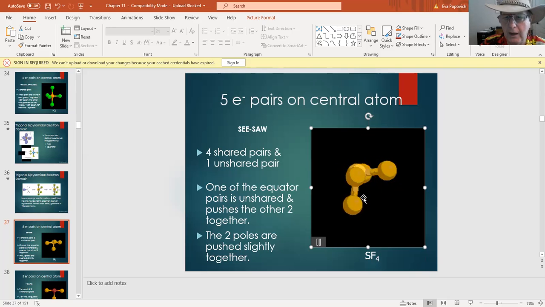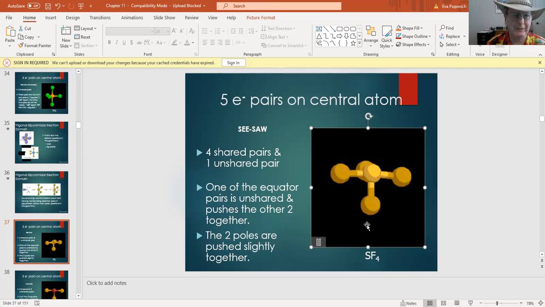And if you kind of see this, you can almost see a fulcrum between these three. Okay, the bottom one and the one that's coming around. You can almost see a fulcrum, and it kind of goes seesaw. Some chemists have more imagination than others.